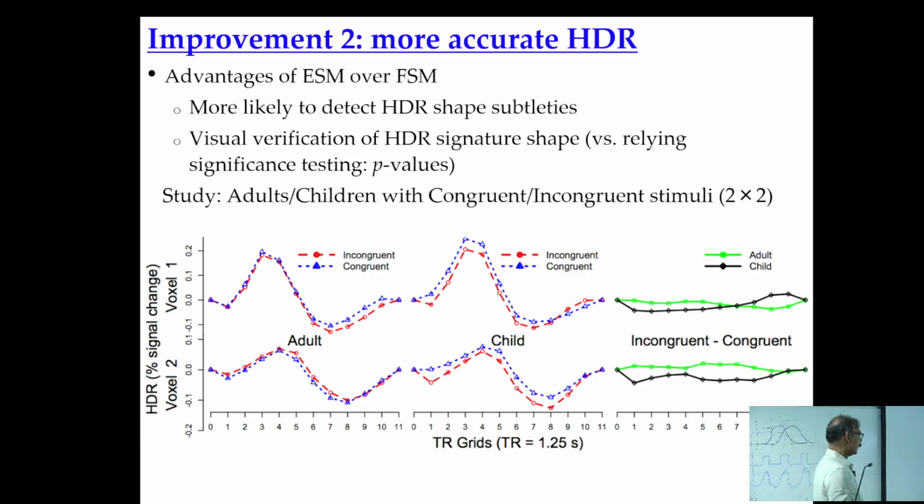And if one was to ask, is all this difference that you see between congruent and incongruent neuronal, or does the underlying hemodynamics play a role? In these cases, having a good estimation of the hemodynamic response function significantly helps, right?